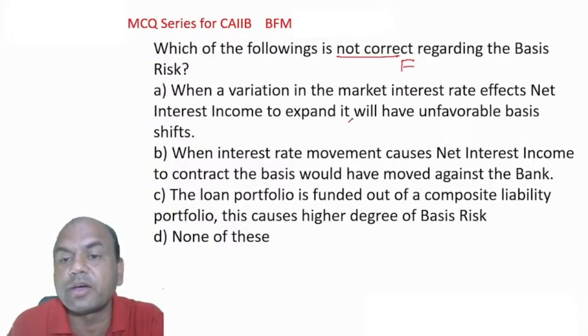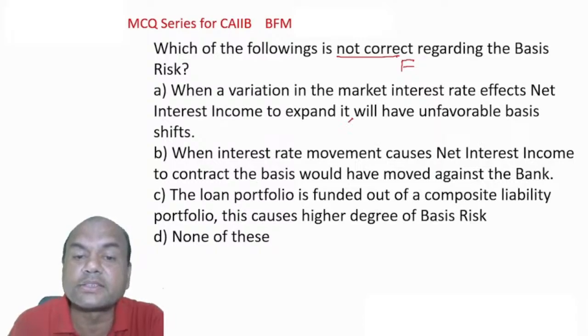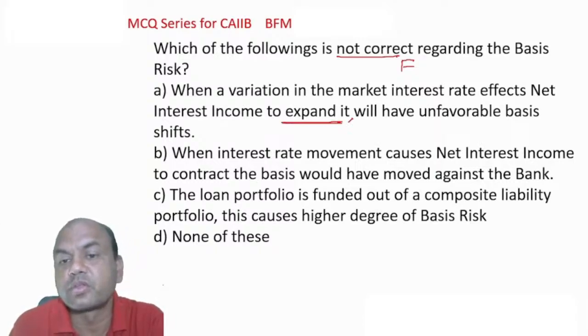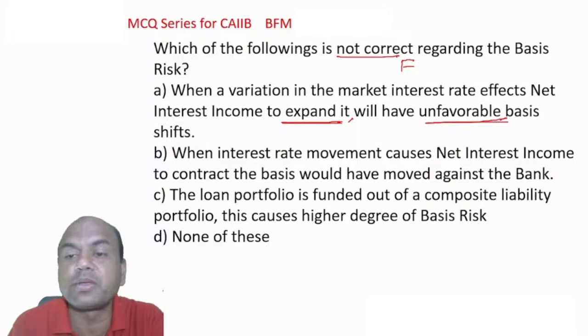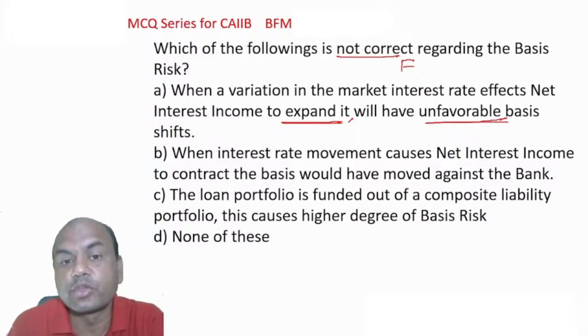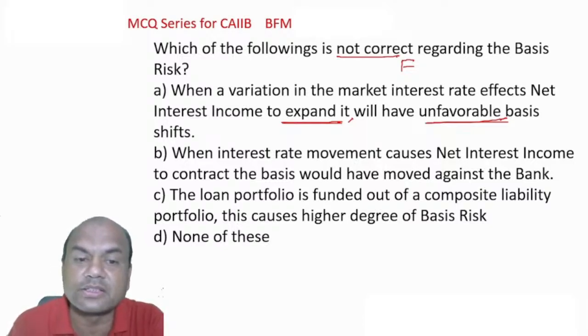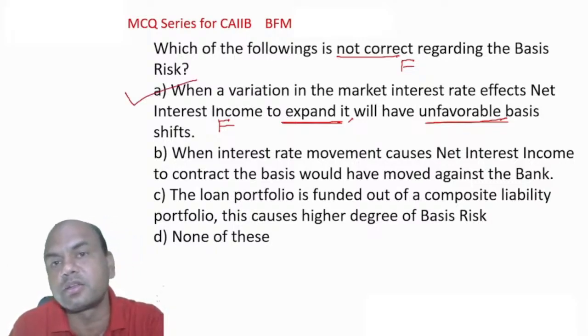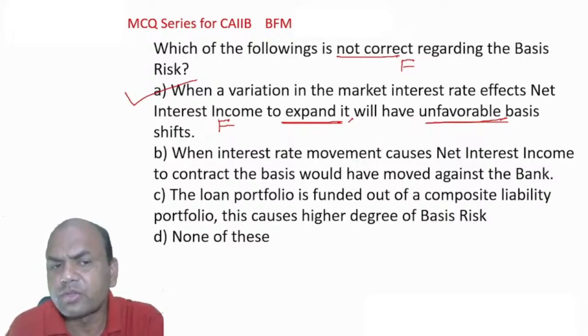Expanded means my net interest income is increased. So if it is increased, then is it unfavorable for me? So that is false, obviously. So this is gone. So A is the only answer. Don't even look at B and C because all of these is not the option.